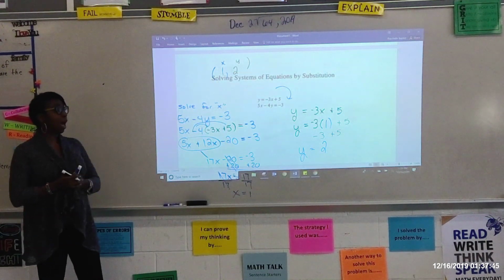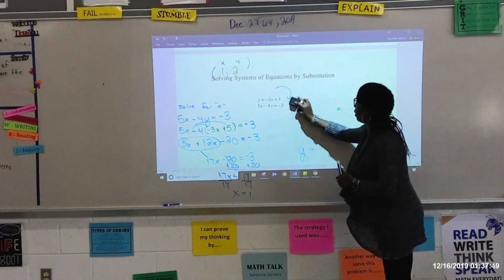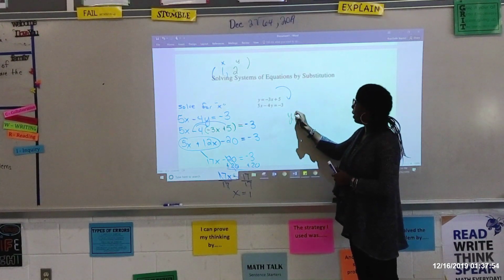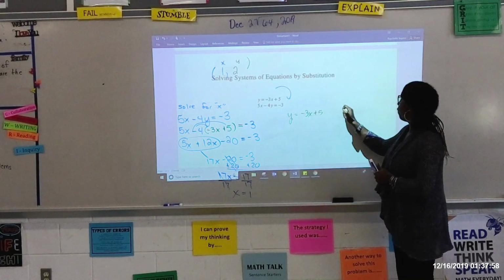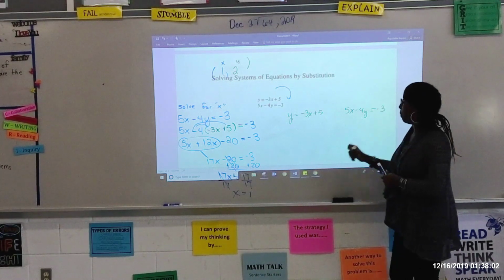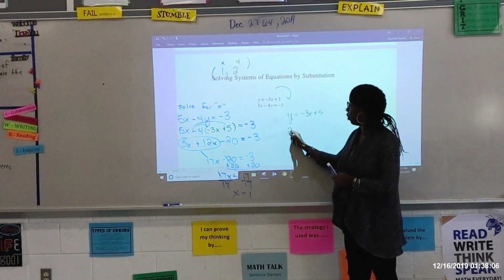Now you might be saying, how do you know that your answer is correct? We're going to erase it real quick. I'm going to write the two equations. y is equal to negative 3x plus 5. And then 5x minus 4y is equal to negative 3. Where I see y, I'm going to substitute a 2.